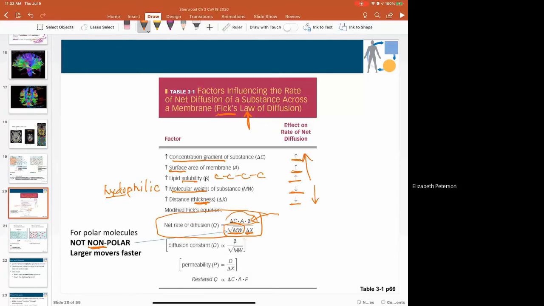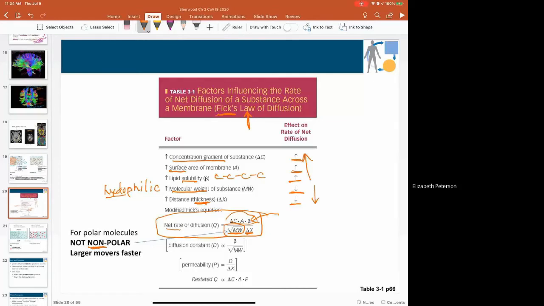So net diffusion, the greater the concentration gradient, the more surface area, the more lipid soluble it is, the faster the diffusion rate will be. The bigger the size of a nonpolar molecule, the slower it will be. And the thicker the membrane, the slower it will be.